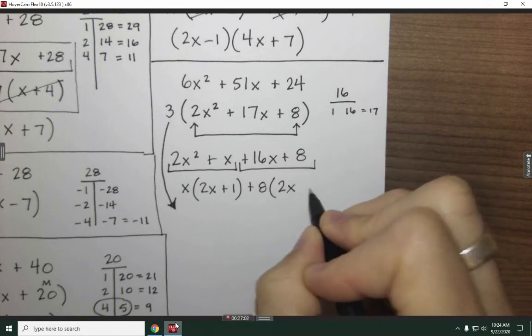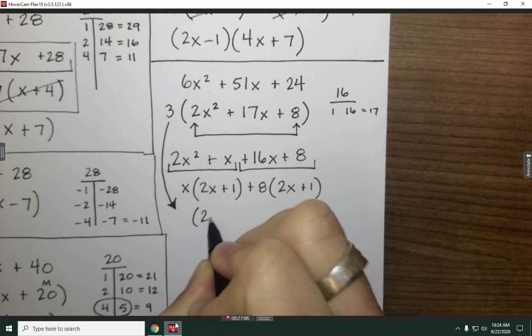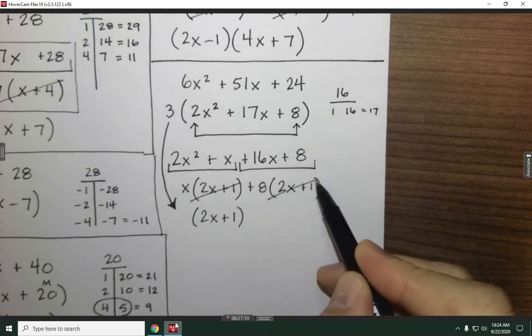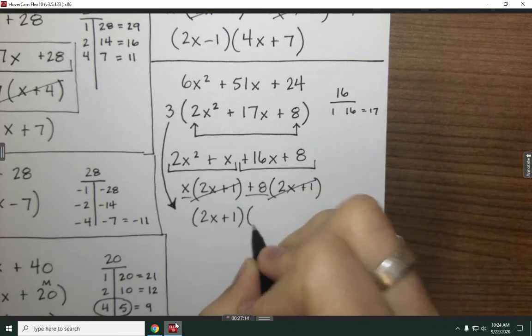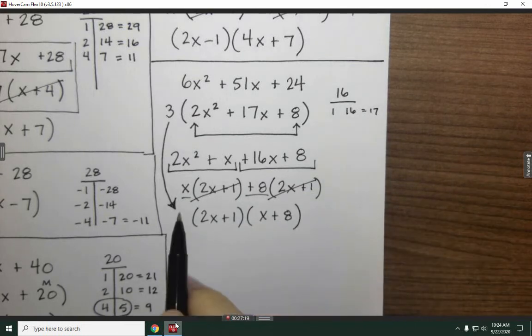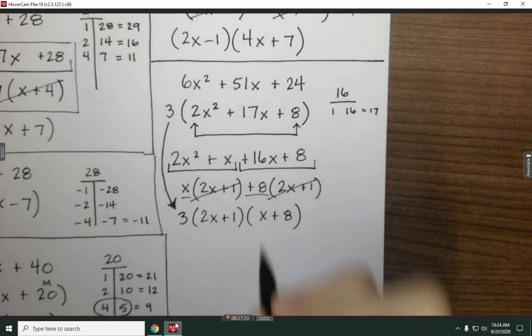And then 8 divided by 8 is 1. Notice these are the same, so 2x plus 1 comes out. We're done with these two. And then all that's left behind is our x. That's 8. Remember we have this arrow here saying, hey, we still need this 3. So we're going to put it out in front of our parentheses here.